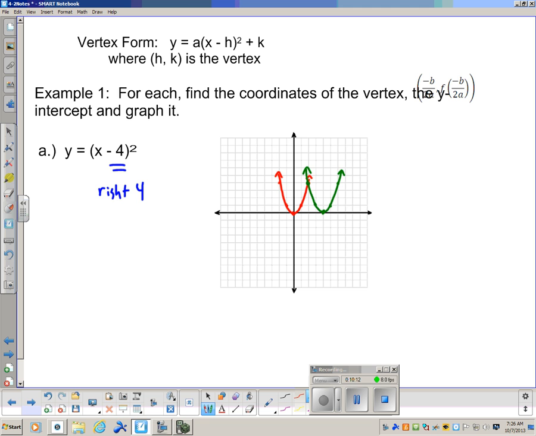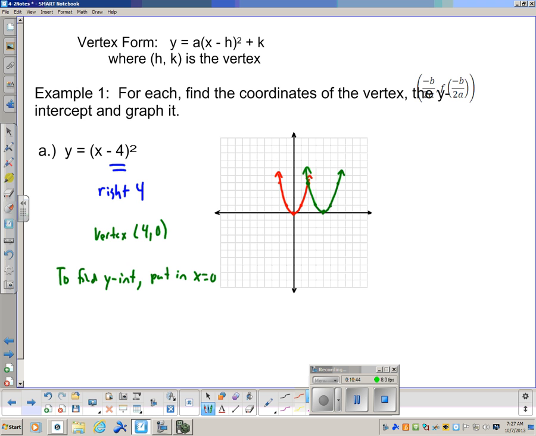And connect them. So what are the coordinates of the vertex? They are going to be 4, 0. And then the y-intercept, I'm not really seeing it. So the way you can find the y-intercept when it's in this form, you want to put in x equals 0.